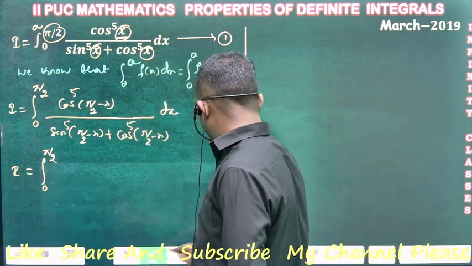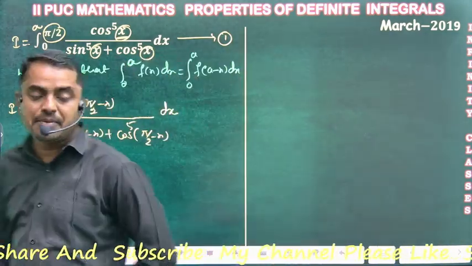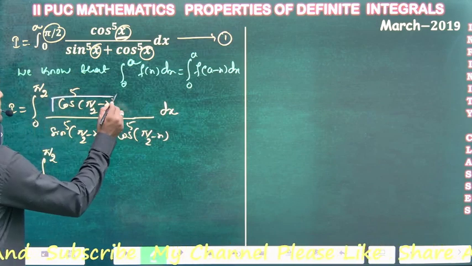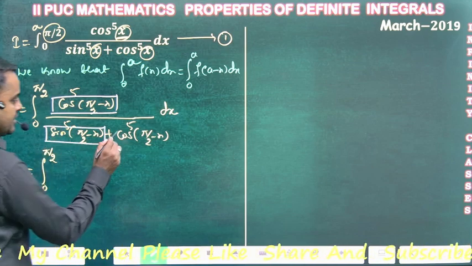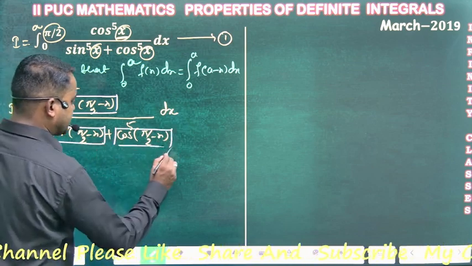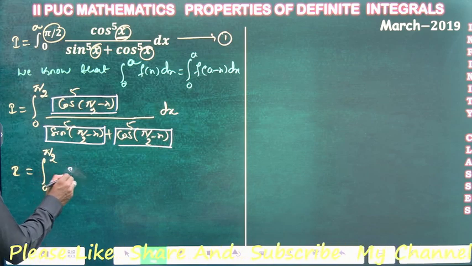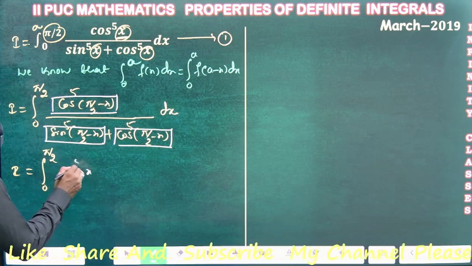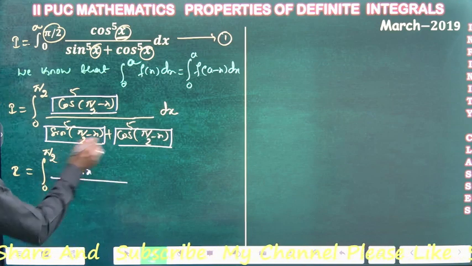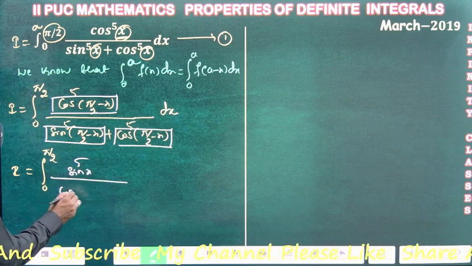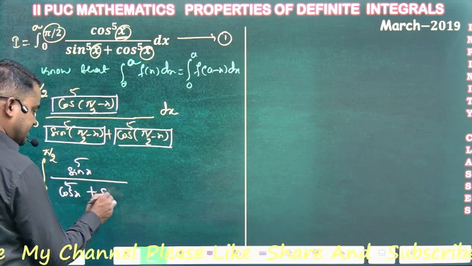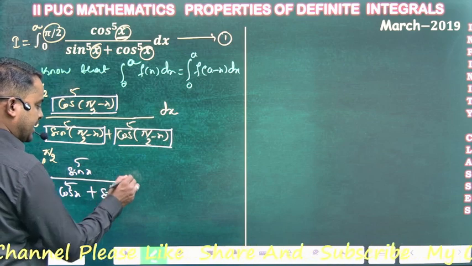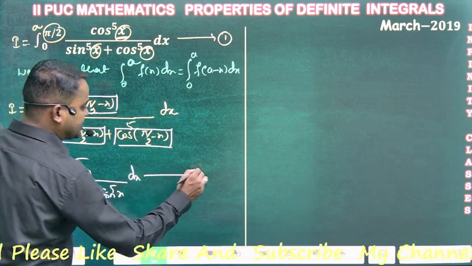So just we are talking about this one, that is complementary angle. Cos 90 minus x is what? Sin x, power as it is. Sin 90 minus x is what? Cos x, power as it is, plus cos 90 minus x is what? Sin x, power as it is, that is equation 2.